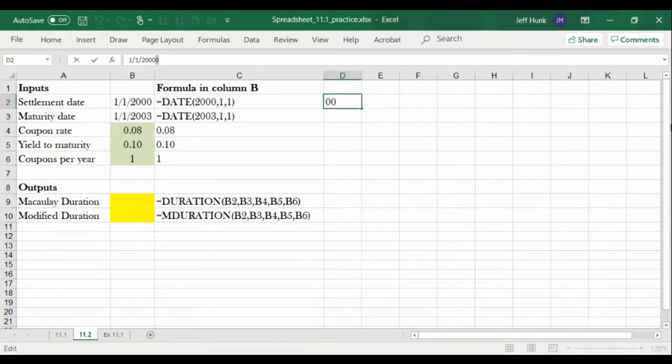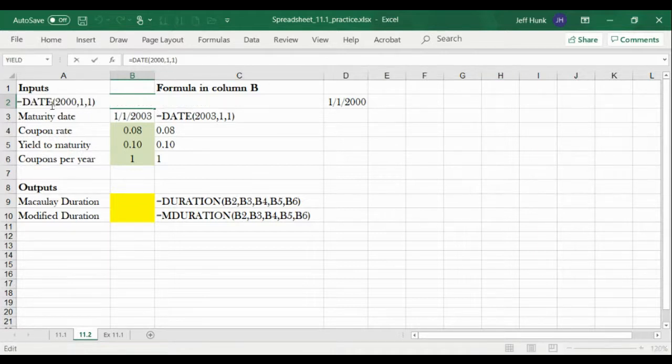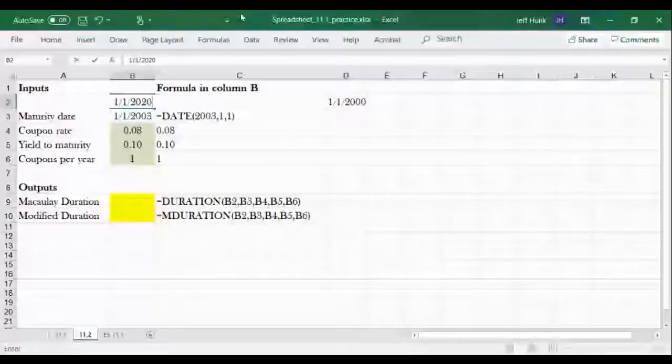So let's make it more interesting. If you enter it like that, it automatically comes out like this, so you don't have to follow this. Now, let me enter, because it's 3 years, something more recent. I'll just enter 1/1/20.